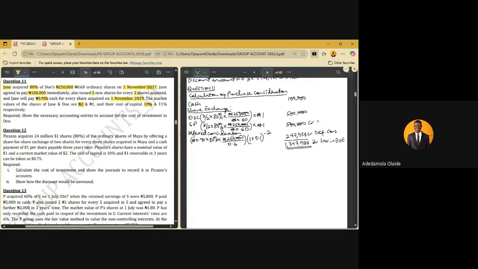Credit this to share premium. Credit this to ordinary share capital and credit this to cash or bank. Is it clear? Yes, sir. Okay, good.